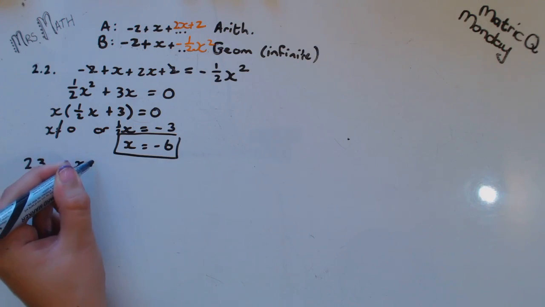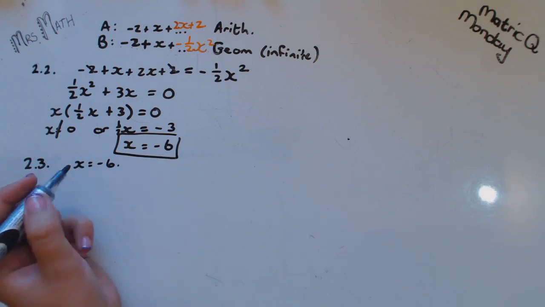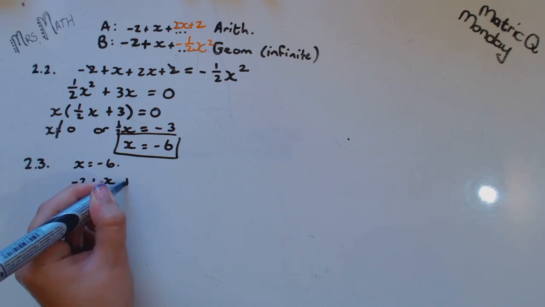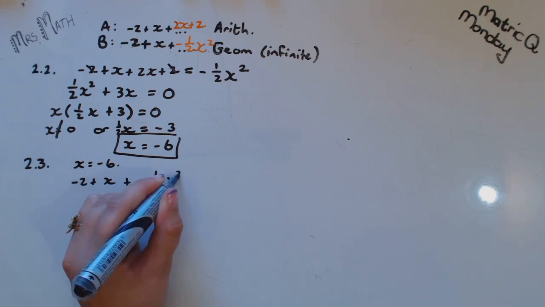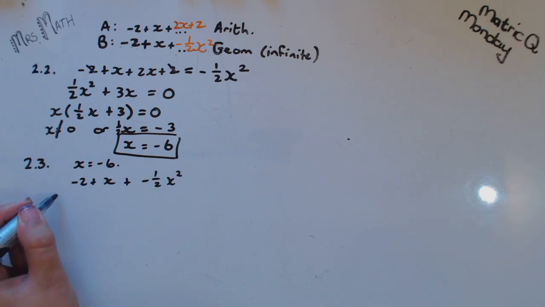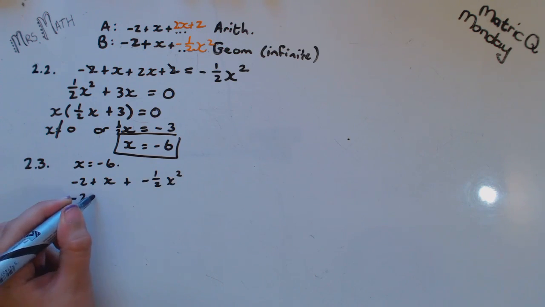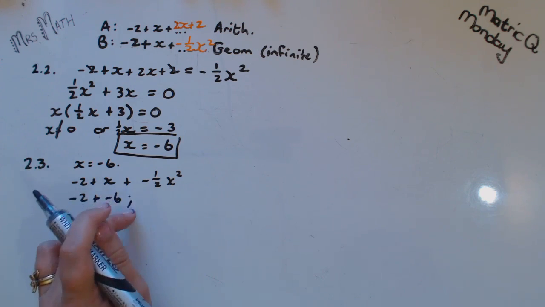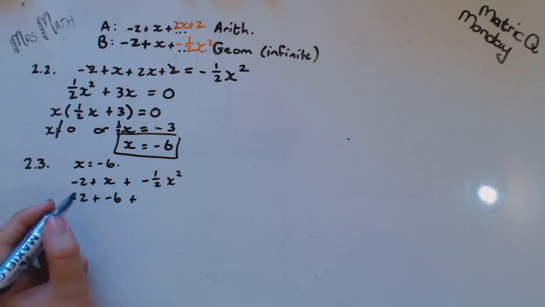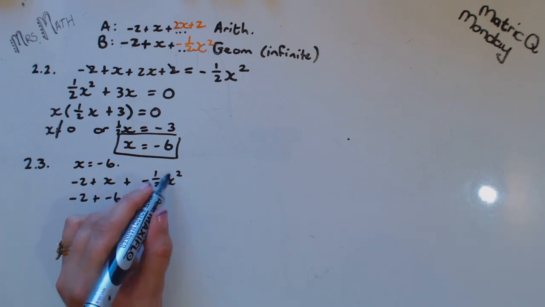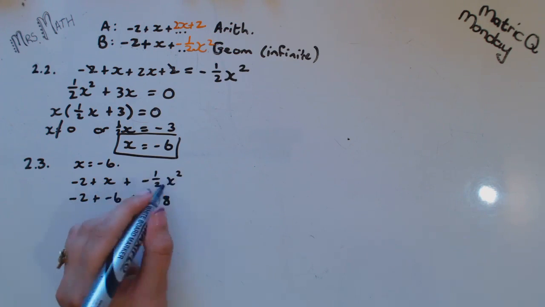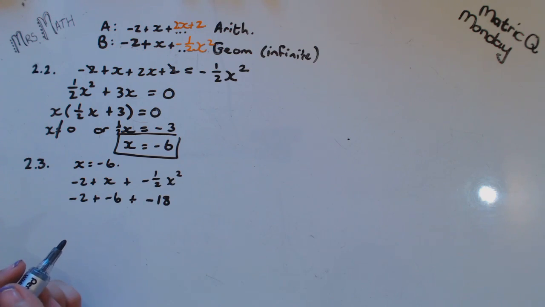If x is minus 6, the geometric series minus 2 plus x plus minus a half x squared looks like this: minus 2, minus 6, and then minus 6 squared is 36 times minus a half is minus 18. You're more than welcome to work that out with your calculator too.